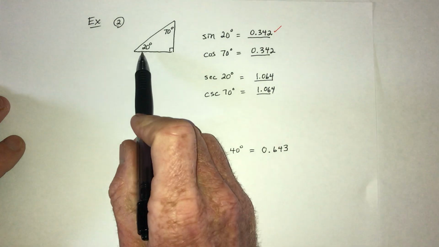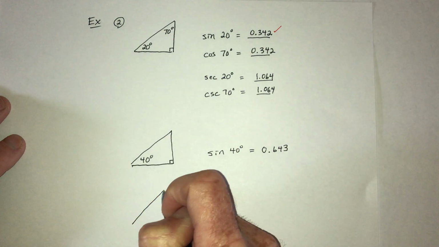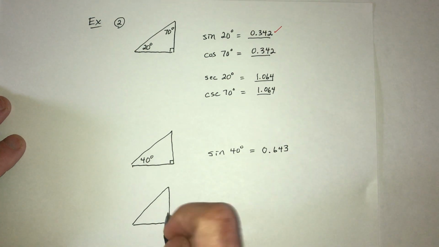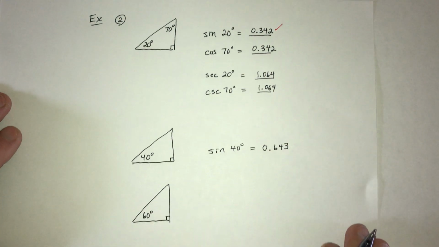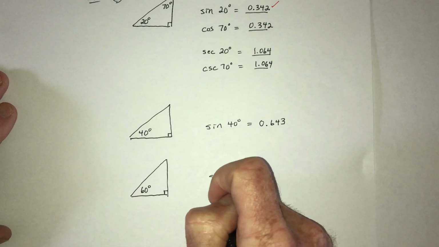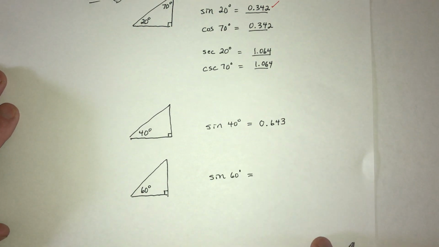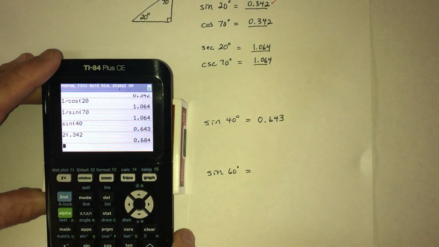Okay, what if I take this angle and I triple it? So now, change it to 60 degrees. What happens to sine? So sine of 60 degrees.